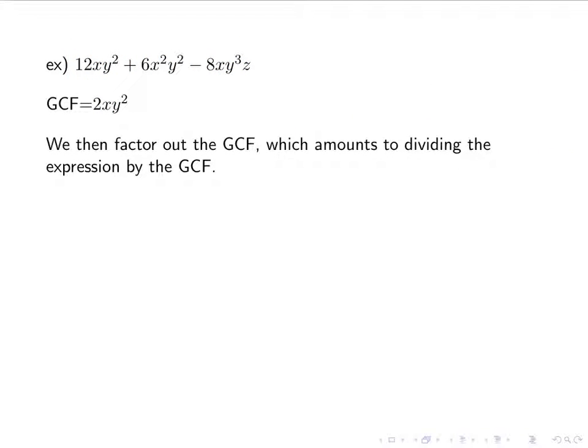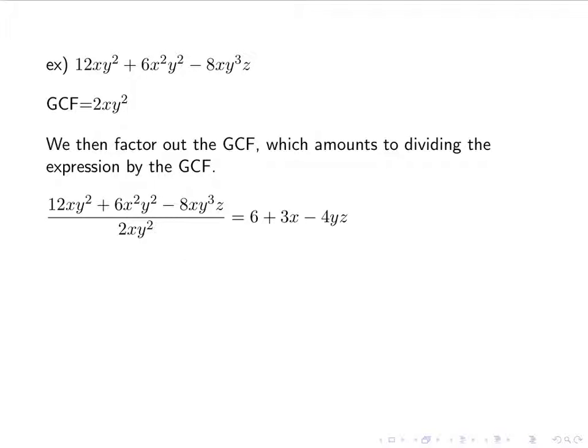The next thing we do is factor out the GCF. This amounts to dividing the expression by the GCF. So we take our original expression and divide it by 2xy squared. If I divide 12 by 2, I get 6. x divided by x is 1. y squared divided by y squared is 1.